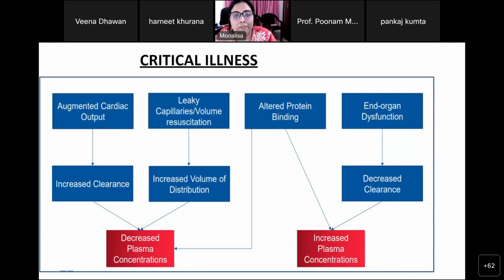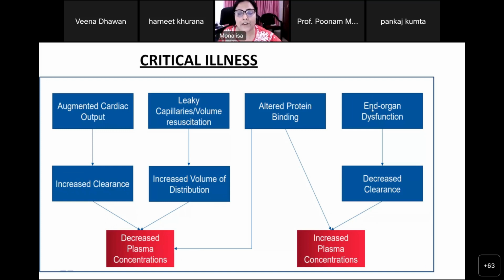Similarly, what happens to alpha-1 acid glycoprotein? That increases because it's an acute phase reactant. Now, what will happen to the drugs which are dependent on albumin, which are highly protein bound? The unbound fraction of those drugs increases, as a result of which it will lead to drug toxicity. So we need to be careful about that. We need to keep in mind the increased plasma concentration of the drugs.